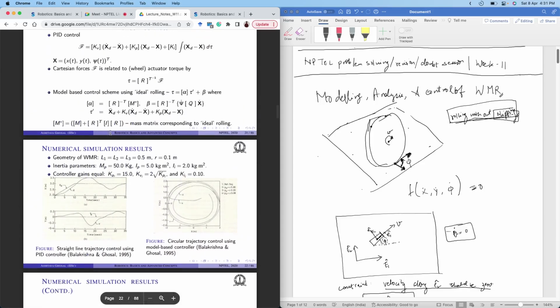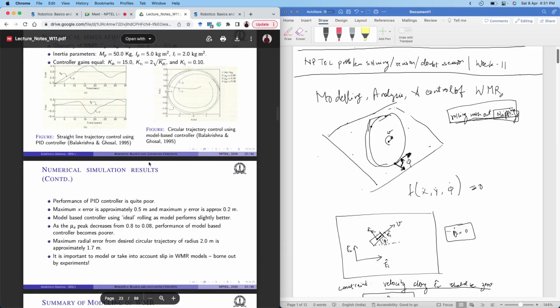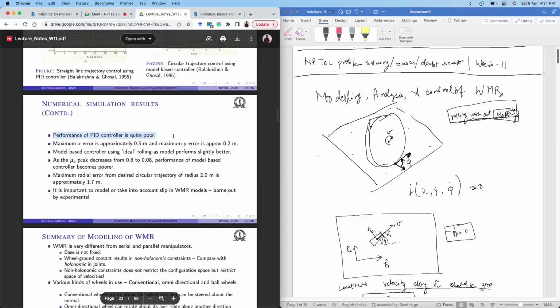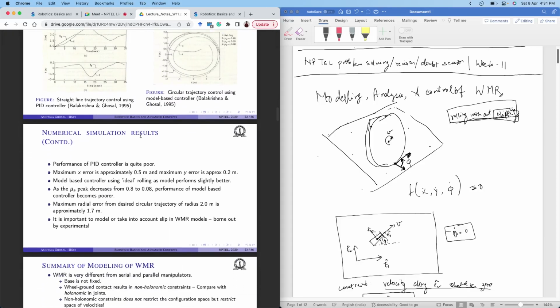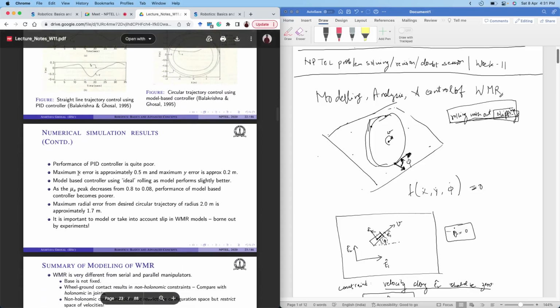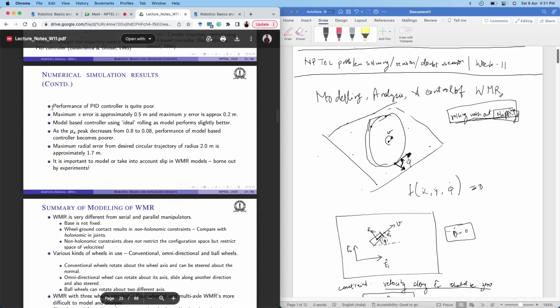And what is important is the intuition from these experiments is that the performance of the PID controller is actually quite poor for this particular case, right? So you should be more vigilant, or pay more attention to the conclusions that you have.